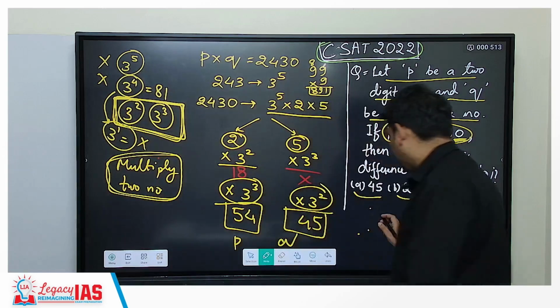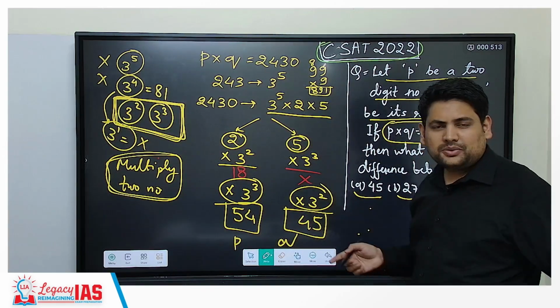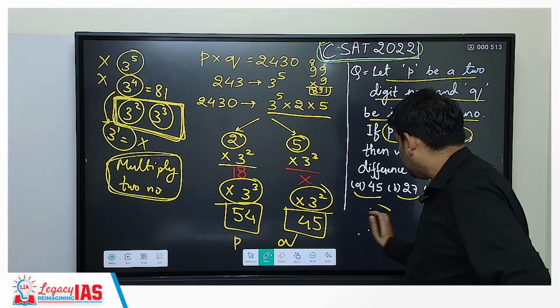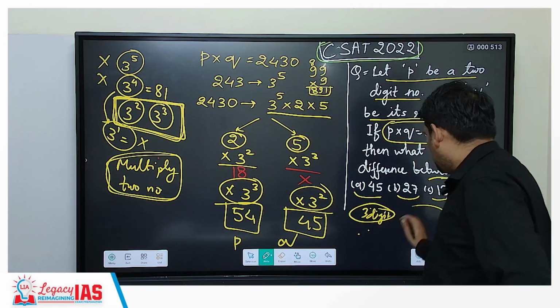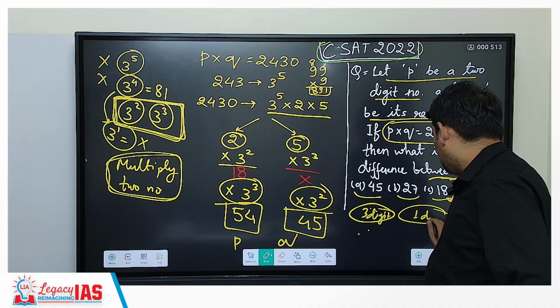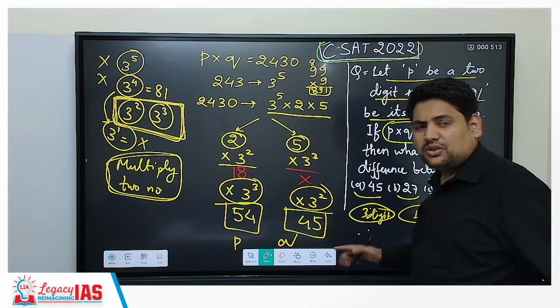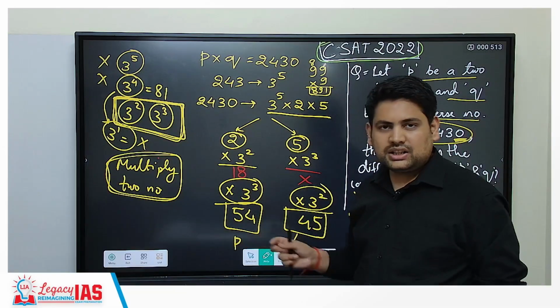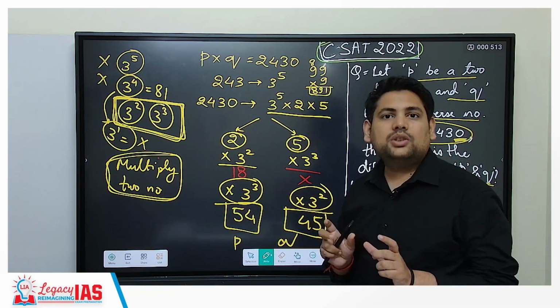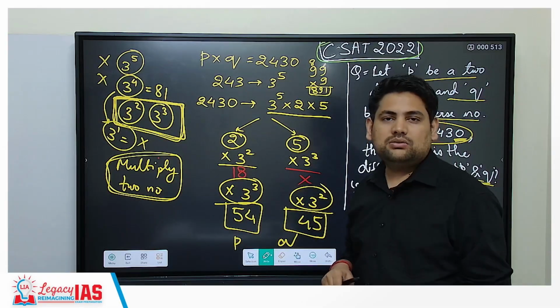So in all other options, what we saw, one number became 3-digit and one number would become 1 digit or 2 digit. Correct? So one number will become extremely large. What we rather want is both numbers to be somewhere close, because it has to be a 2 digit number.